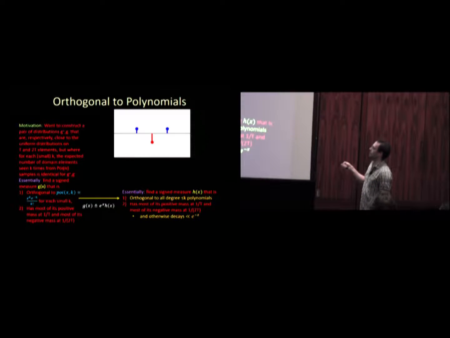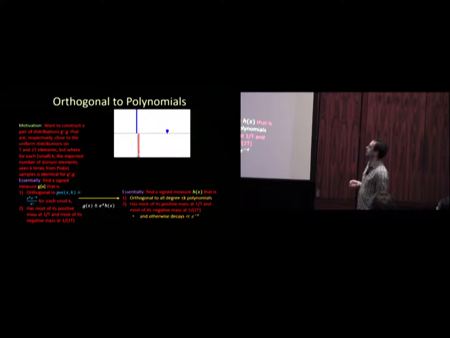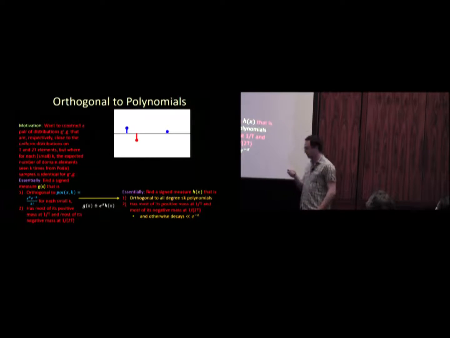What values does a signed measure need to have at 3 non-equally spaced points if we want it to continue being orthogonal to linear functions? So if we move one of these points left, we get this kind of behavior. The distribution needs to readjust to stay orthogonal to all this stuff.